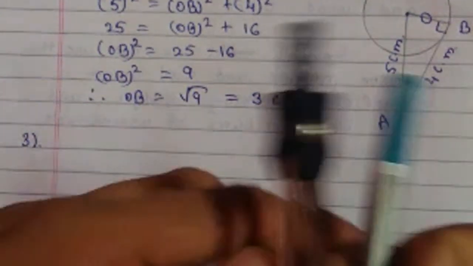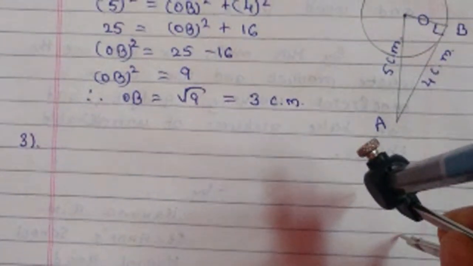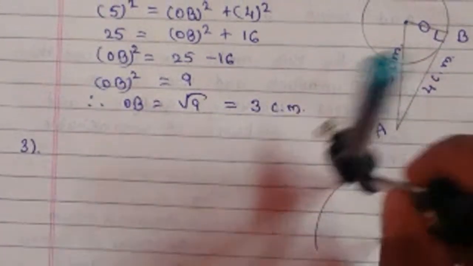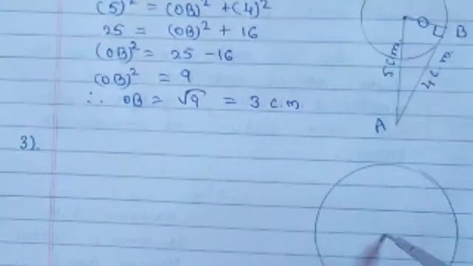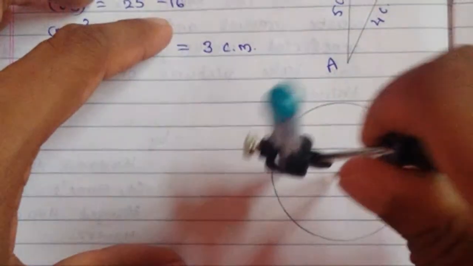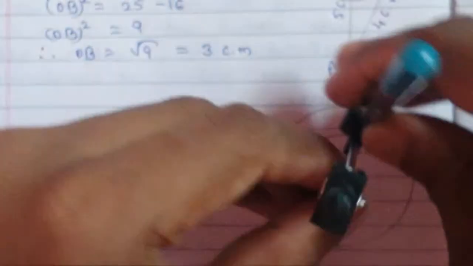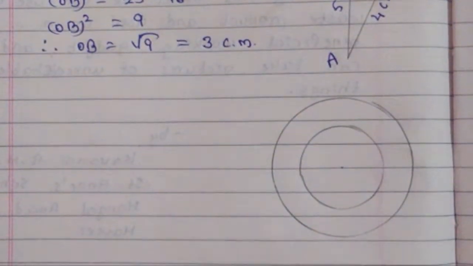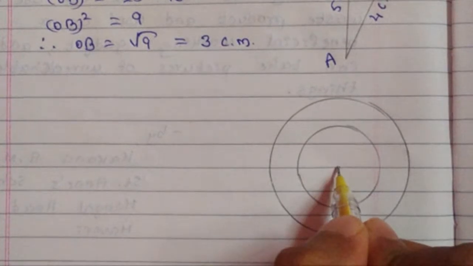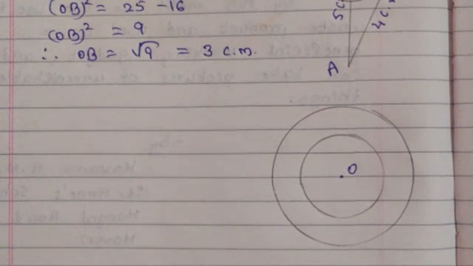First I will draw two concentric circles roughly, without taking the lengths. The second circle I will draw inside, because we have to draw concentric circles. The center I will call point O. These are the two circles.